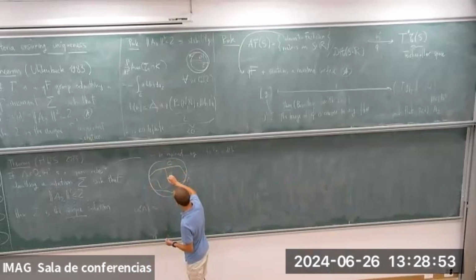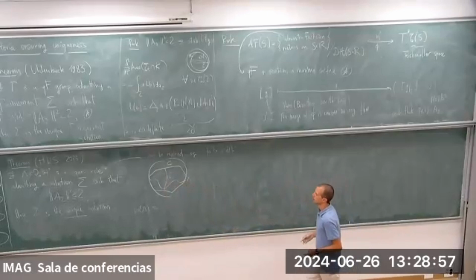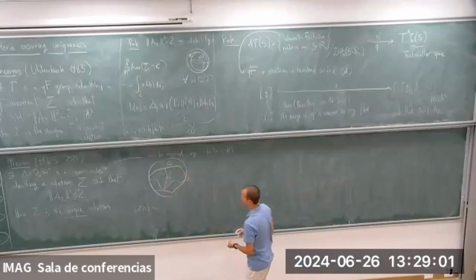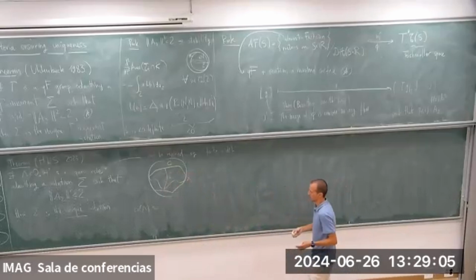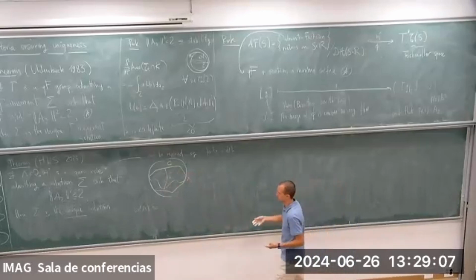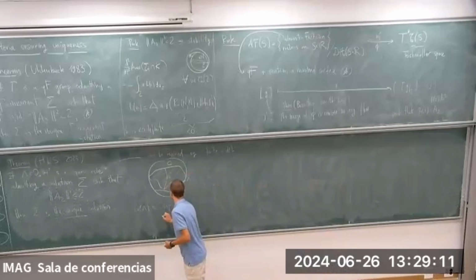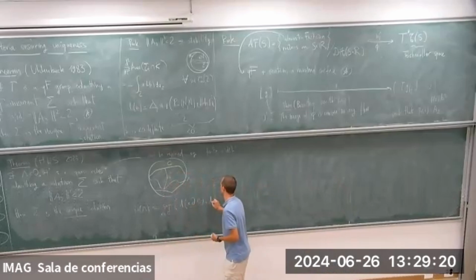You look at the distance from each component. By the Jordan-Schoenfliess theorem, the complement of the Jordan curve has two connected components, so the convex hull has two boundary components. You take the supremum over all x inside this C of the distance between x and one boundary component plus the distance between x and the other boundary component.